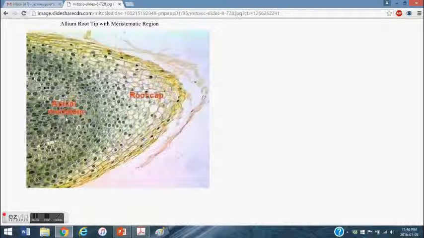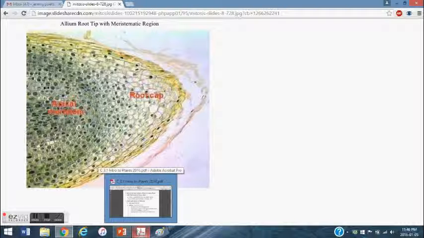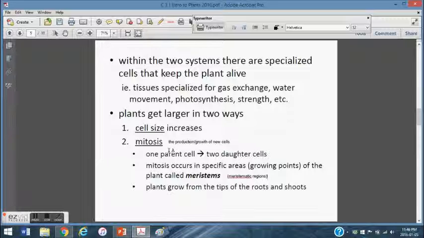You'd have similar meristematic regions in the shoots as well, at the ends of the leaves, ends of the branches, and so on. So those meristematic regions, those growing points, that's where plants grow, where they get larger.